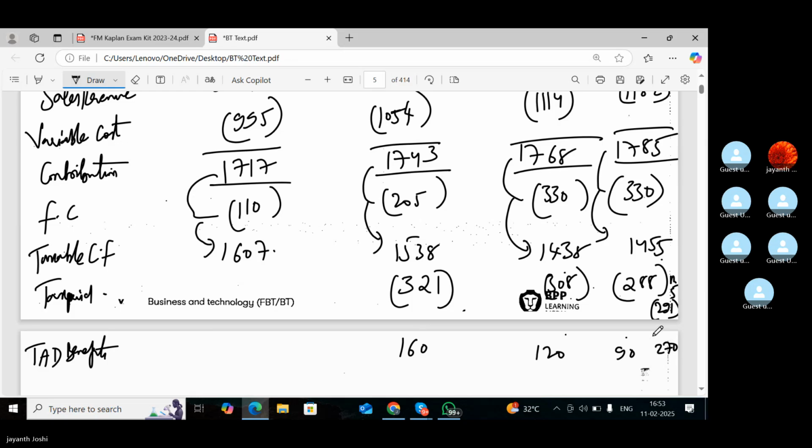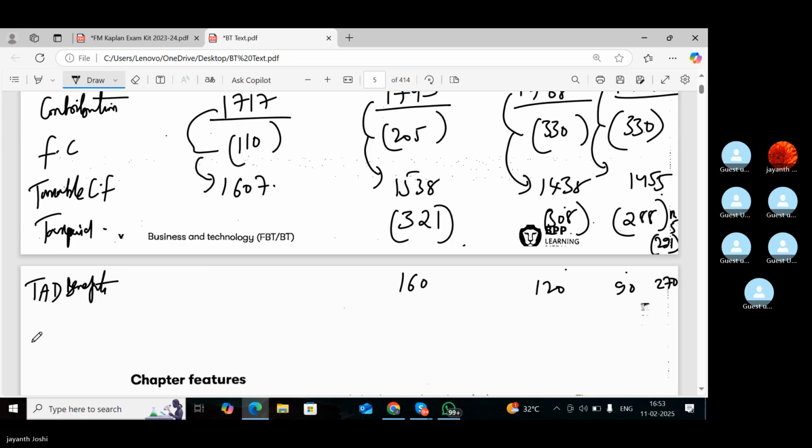Then after tax cash flows, we need to find out. Because these were taxable amounts, tax has been paid, tax benefits have been taken, and taxable cash flows we need to take. So for the 1st year, you need to take 1538 minus 321 plus 160. You need to add.